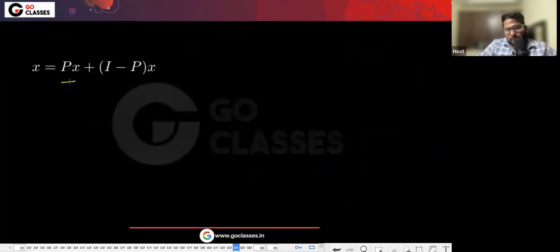I can write it as the projection Px, which is in W. Is this okay to everyone? Now, this will be the vector x minus Px. Or if you like to write it as b, then this is Pb, and this is b minus Pb.